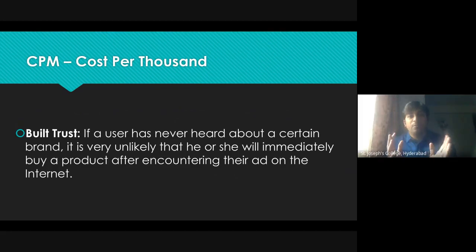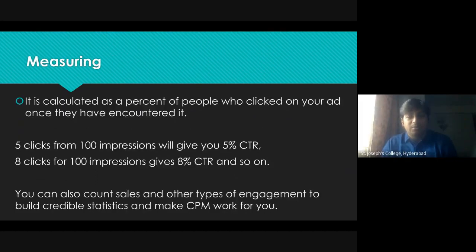You might come up with a particular ad of Kent, saying Kent water purifier approved by over 10 lakh families, which means they have sold over 10 lakh water purifiers, which creates trust among the consumers, among the viewers. So that is where CPM really helps in building trust among the customers.